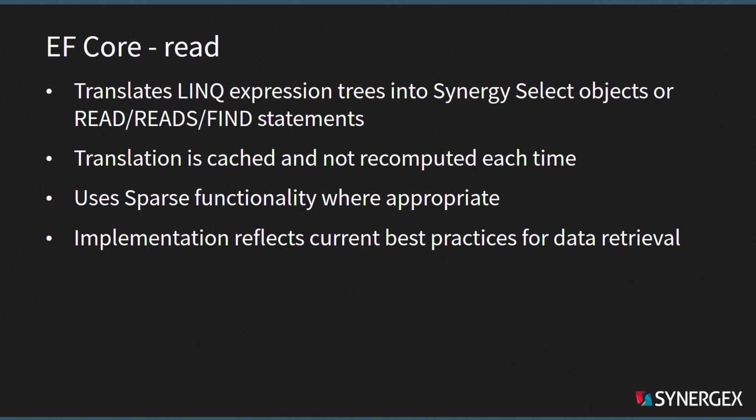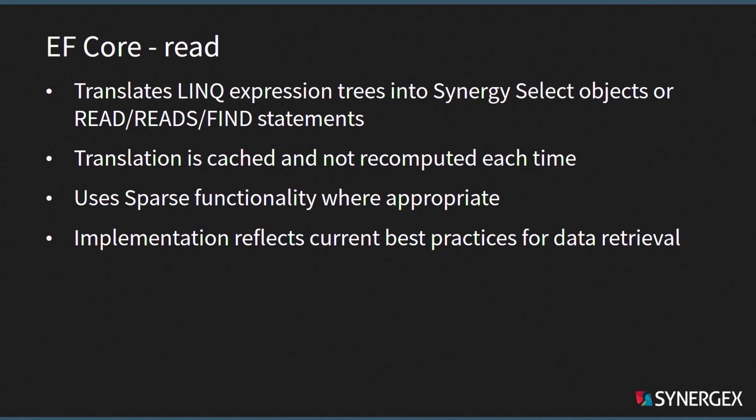So when you are performing read operations on EF Core, it is handed a LINQ expression tree. It's this big language integrated query thing that's provided from whoever is calling it. If OData is the one that's calling it, the framework, us, is calling it, that's who constructs that out of a URL.